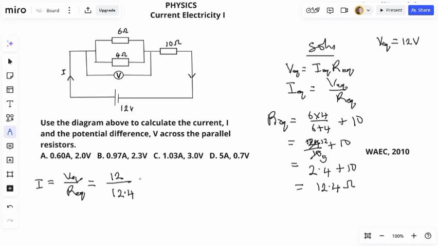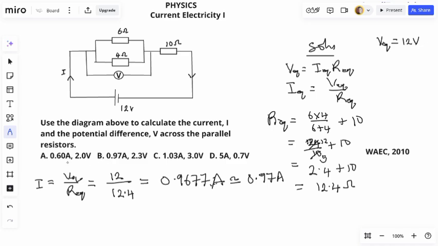If you do this division, you will have 0.9677 recurring, or 0.9677 amps. If you approximate that to two decimal places, that would be 0.97 amps. So that's option B.